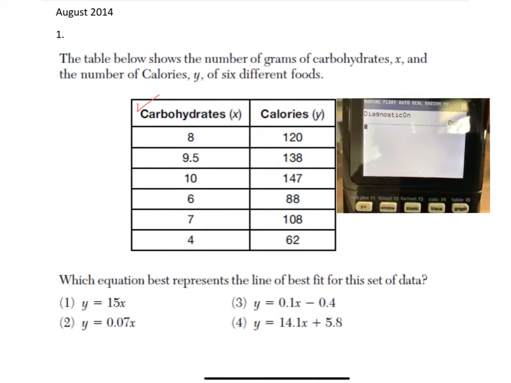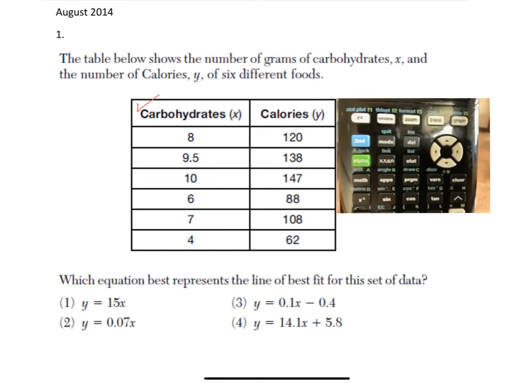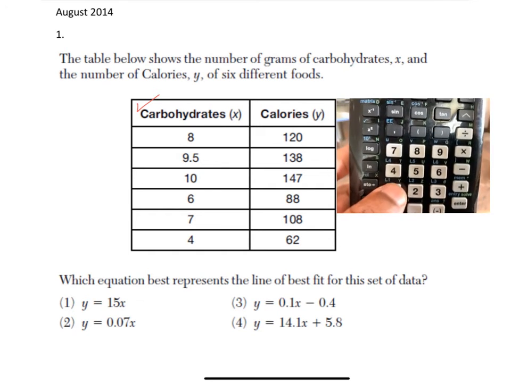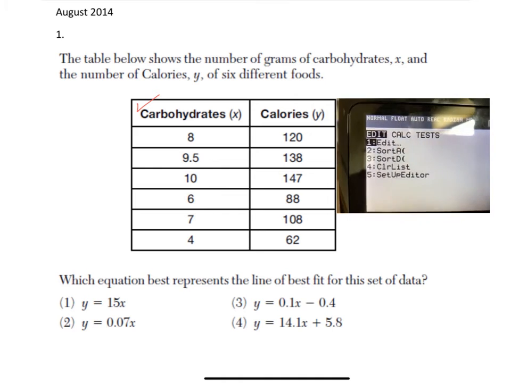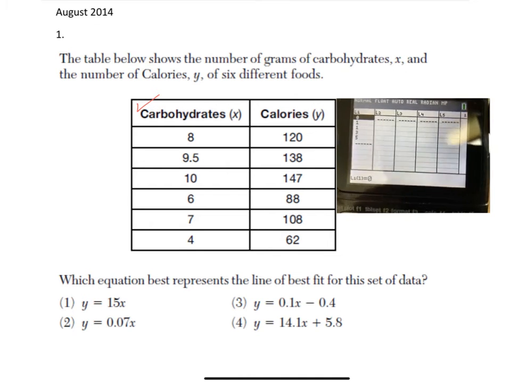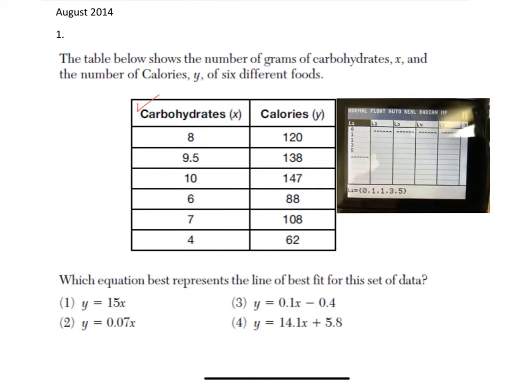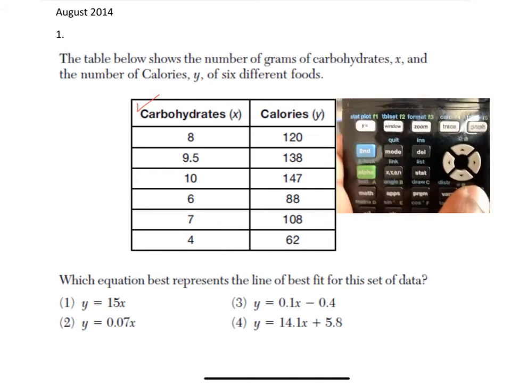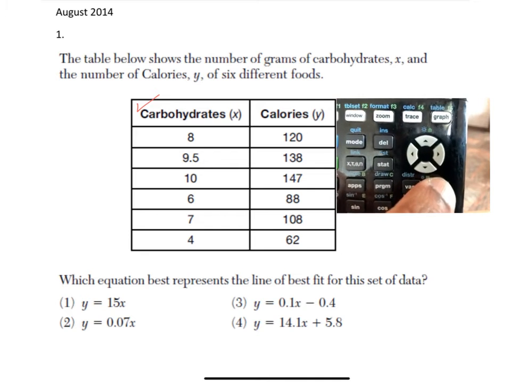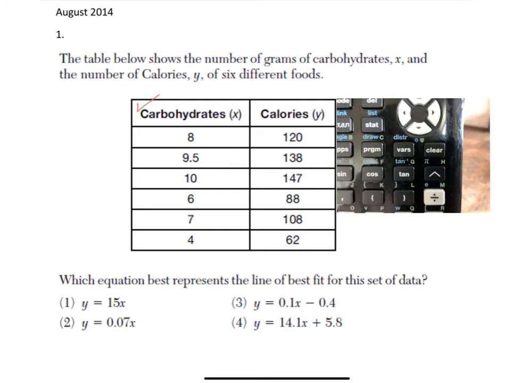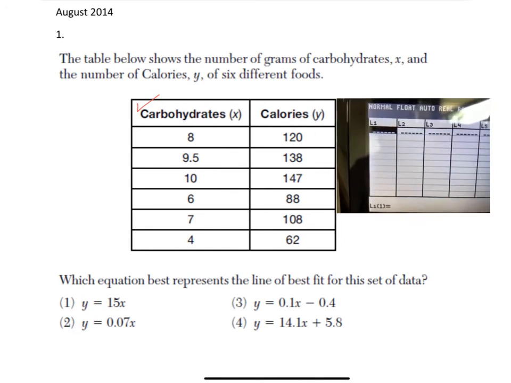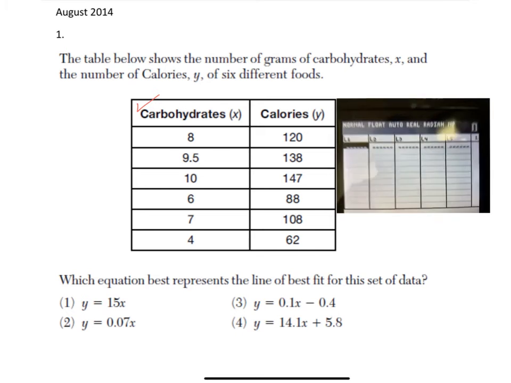Then we go to stat. We choose edit, choice number 1. To clear the entire screen, I can just go up here, hit my clear button, and then hit enter, and the entire screen clears.